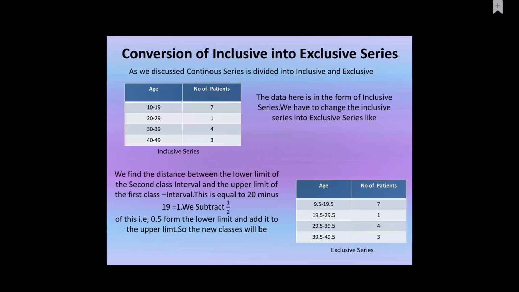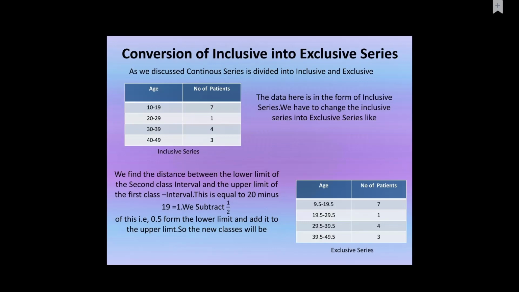Suppose the data is given in inclusive classes; we have to convert them to exclusive classes. What are inclusive and exclusive classes? In the first table we see the age as 10 to 19, 20 to 29, 30 to 39. There the upper limit of the first class is 19 and the lower limit of the next class is just the number after the upper limit.